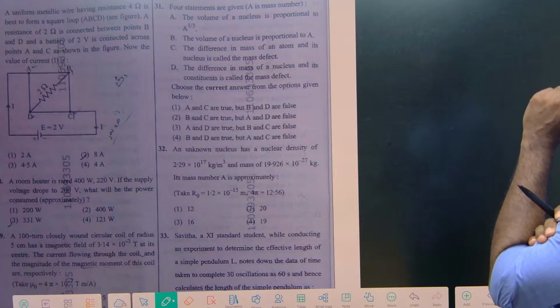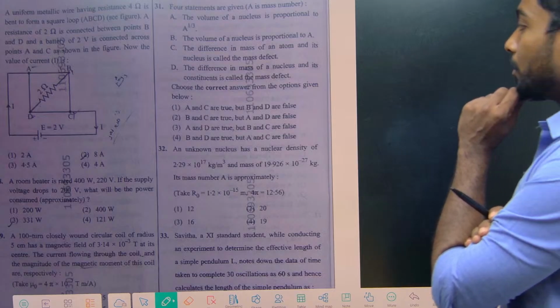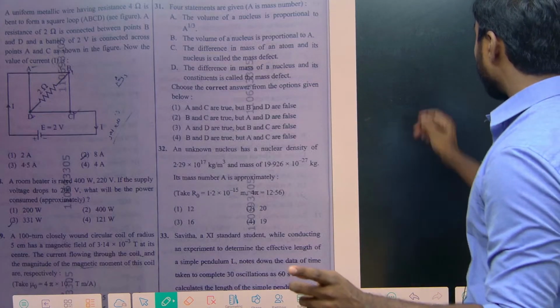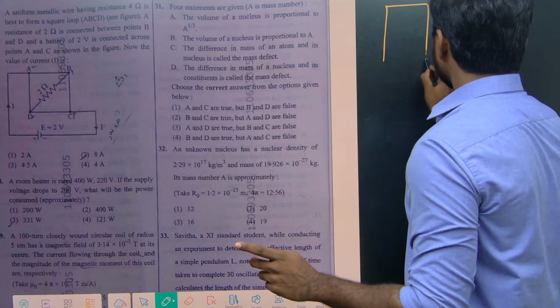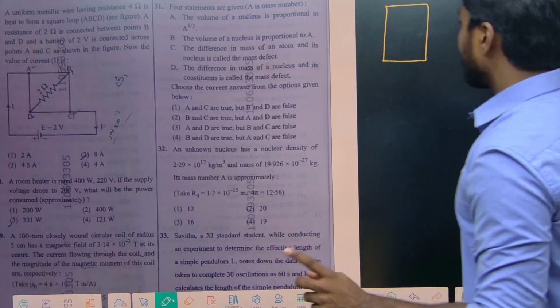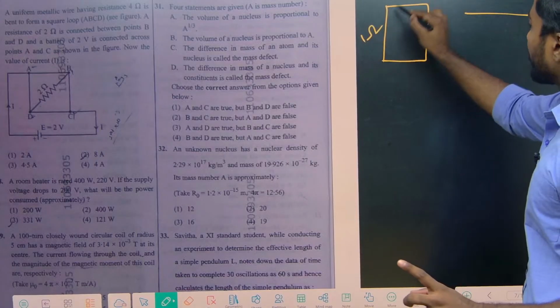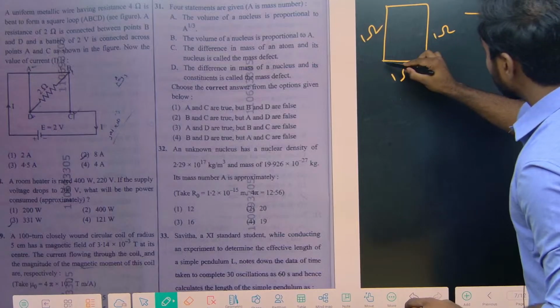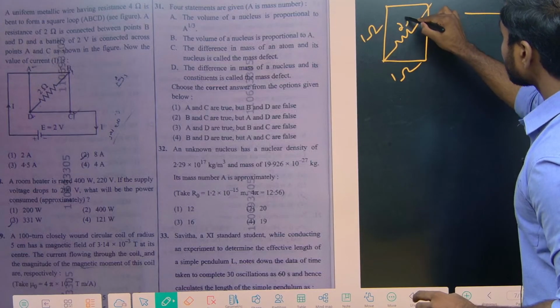Find the current. ABCD is a square loop, so the 4 ohm wire gives 1 ohm, 1 ohm, 1 ohm and 1 ohm. In between them, again a 2 ohm is there.